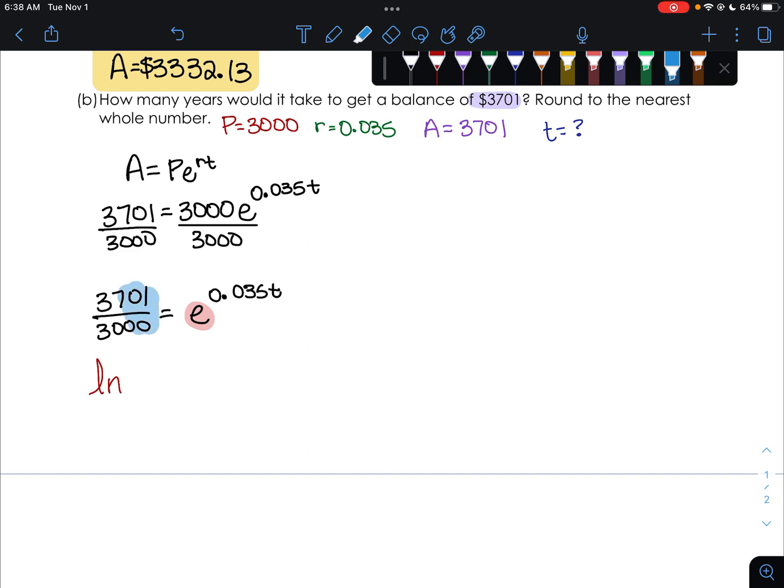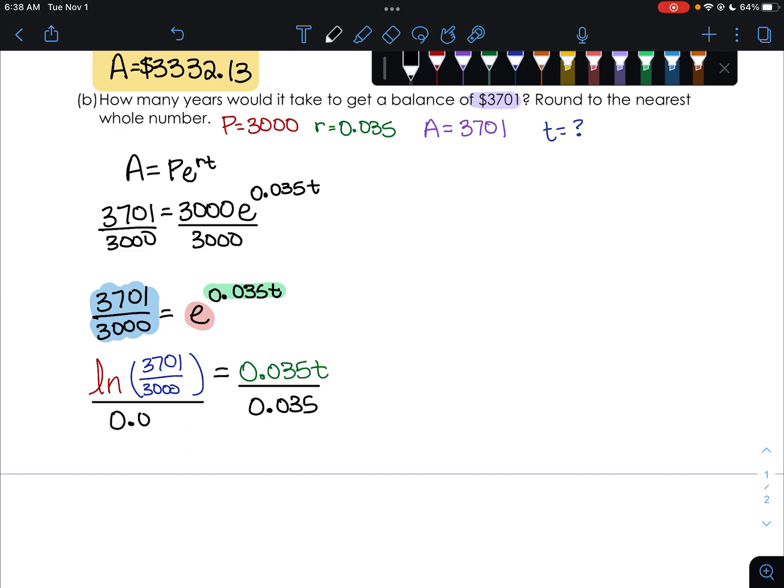My number would be the fraction that we have, so that goes with the natural log, and we set it equal to the power, or the exponent. Before we do anything else, I'm going to divide out the 0.035 on both sides. That way we can just type it all in at once and solve for t.